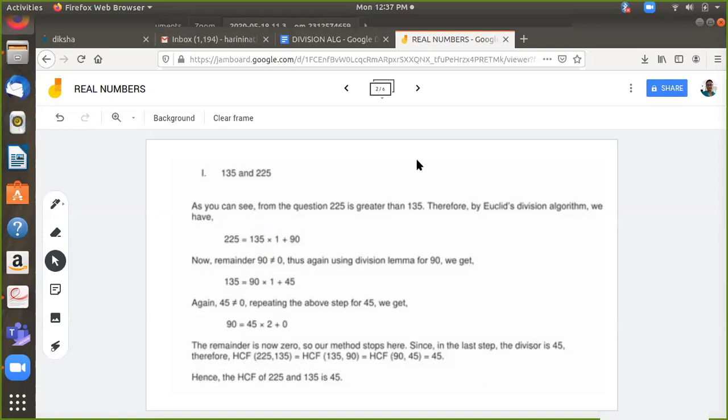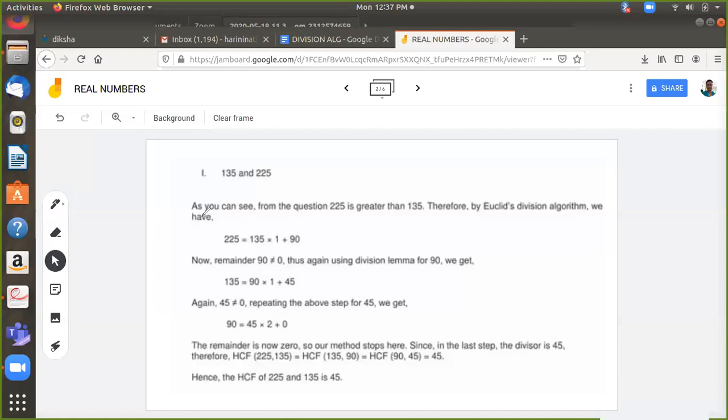Ma'am, is it enough if we only write those equations? Yeah, only this. This I have explained to you to tell why it is happening. This I have typed only to tell you why suddenly 135 is taken and 90 is taken. That means I'm applying the lemma every time till my remainder becomes 0. We are not going to expect you to write all this.